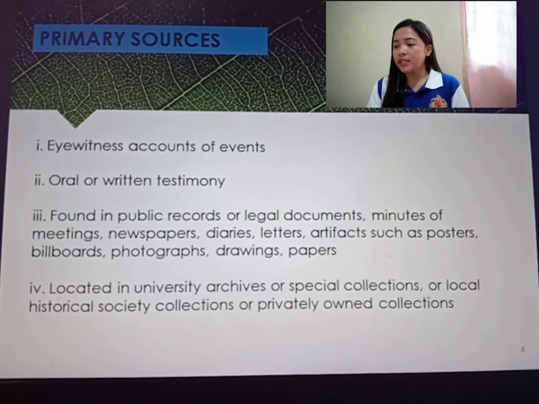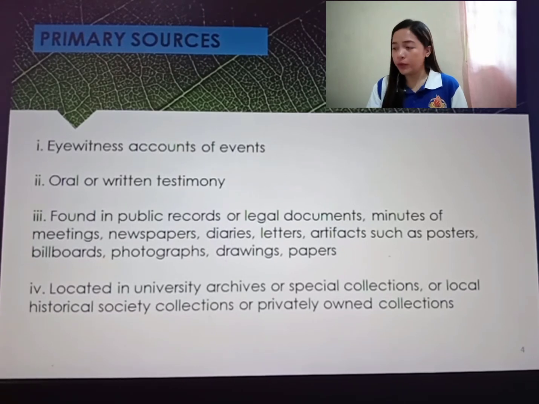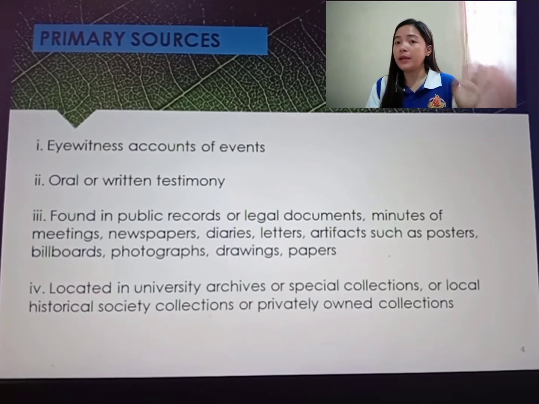Third, found in public records or legal documents, minutes of meetings, newspapers, diaries, letters, artifacts such as posters, billboards, photographs, drawings, and papers, and so on. And fourth, located in university archives or special collections or local historical society collections or privately owned collections.